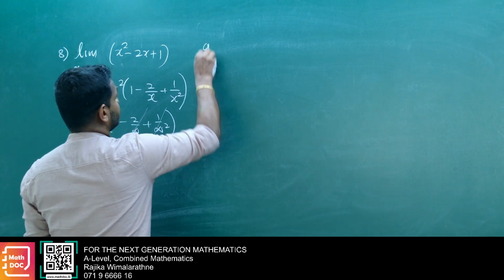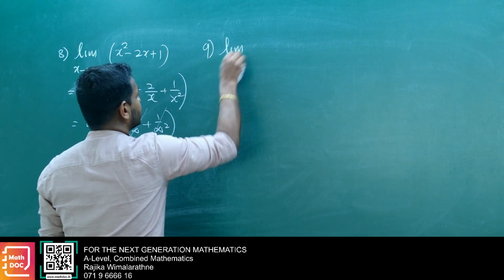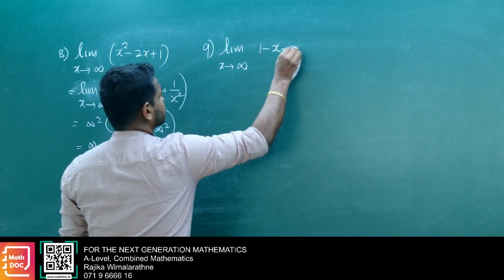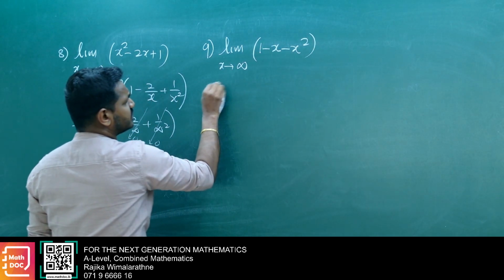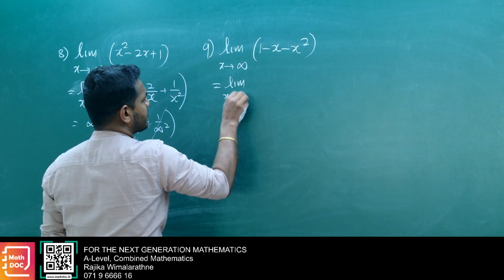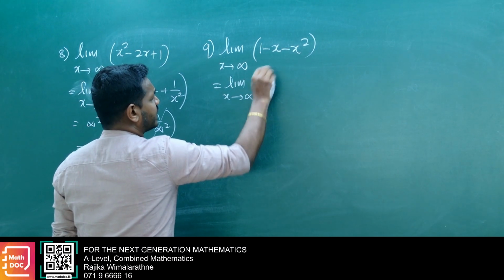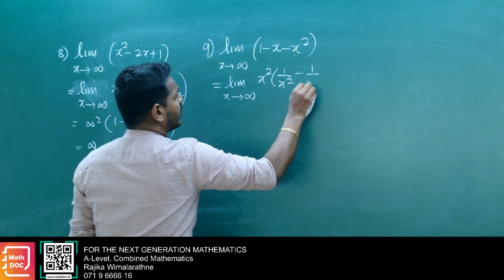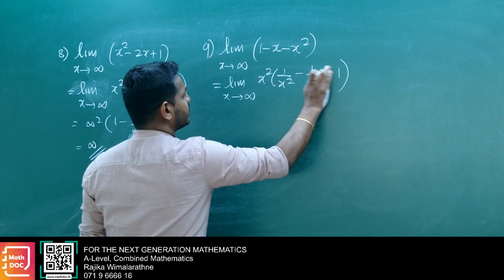Question number 9: limit x goes to infinity, 1 minus x square. You do the same thing. Take x square outside, then inside 1 over x square minus 1.